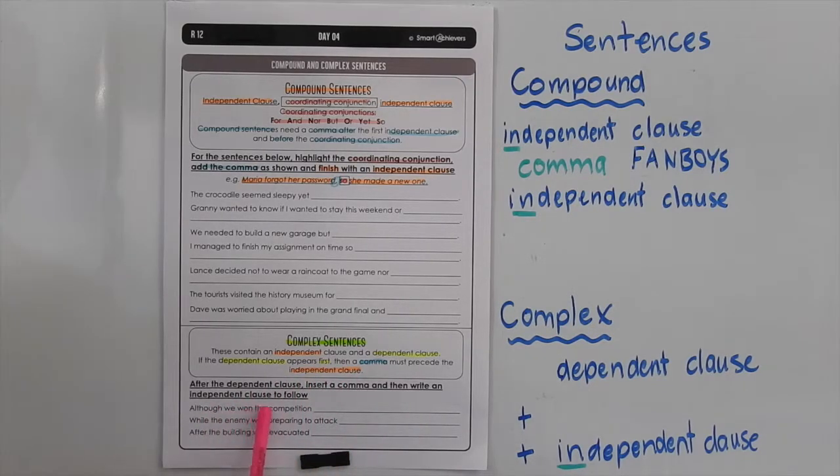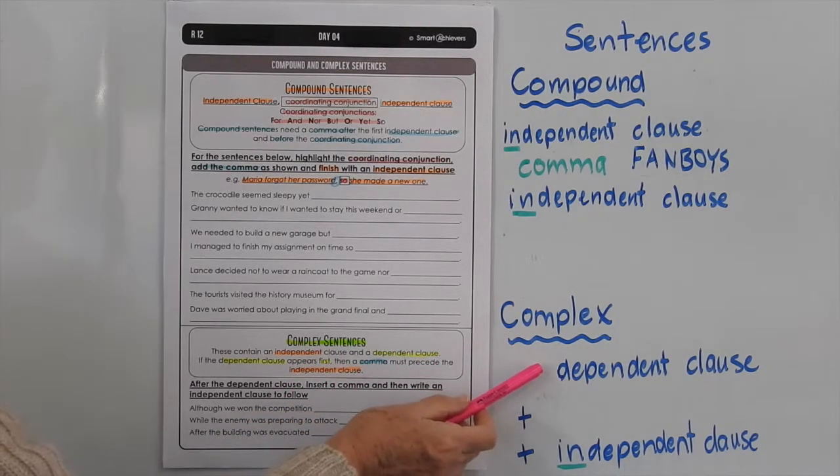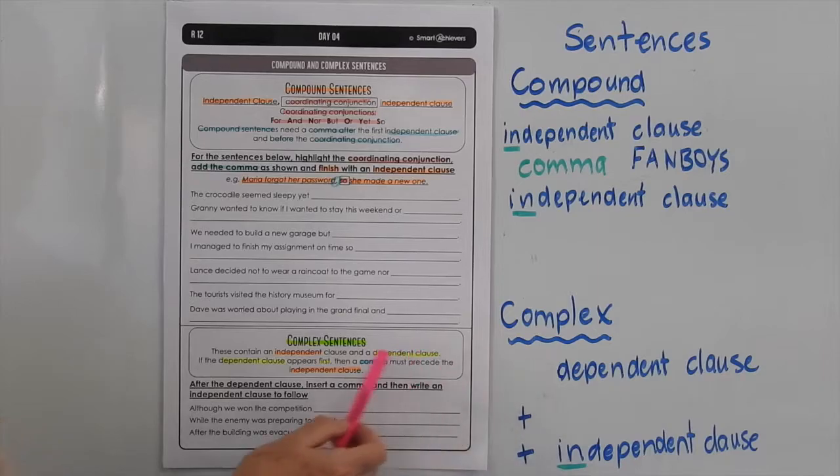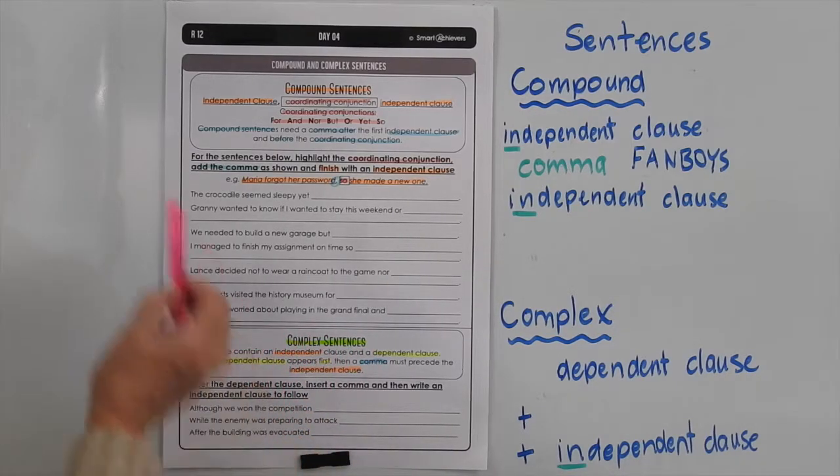So "although we won the competition" is not a full sentence, so we're going to put the comma immediately after that dependent clause before you finish off the sentence with an independent clause. And because the sentence contains both an independent and a dependent clause with a comma in there, we're calling those complex sentences.